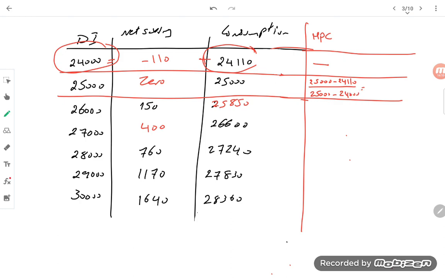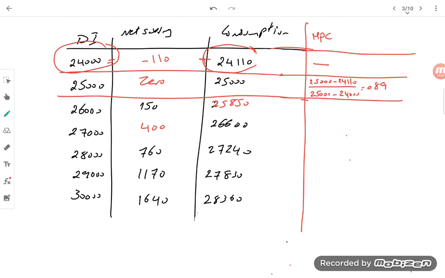So it will be 0.89. This means that if your income is going to increase by £100, you are going to spend £89 in consumption and save the rest of your income. If your income increases by 1,000, you are going to spend £890 and save the rest of your income.